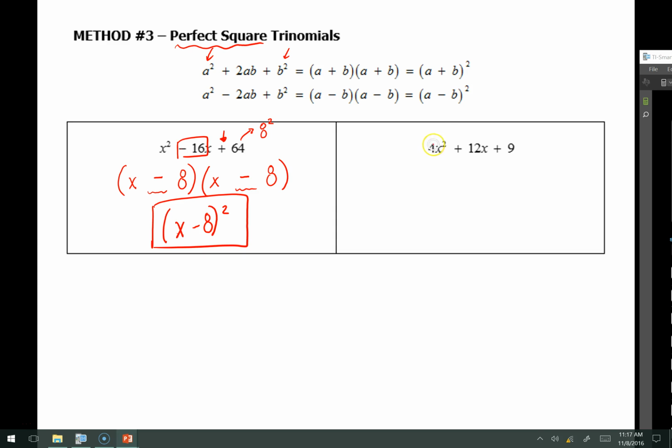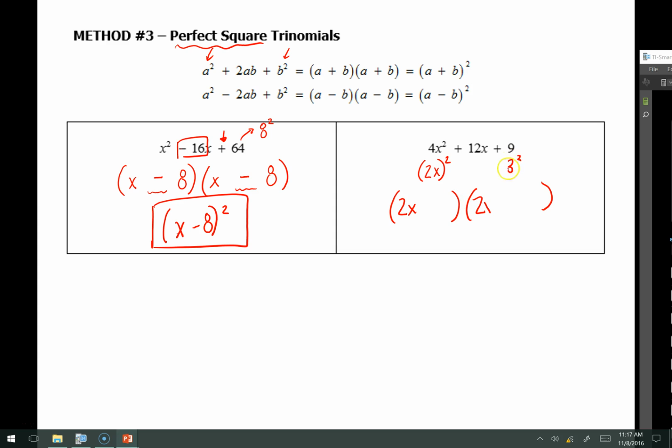When you look at this first term, 4x squared, I see 2 squared and x squared, so that quantity 2x squared. That's a perfect square. I can take the square root of it, and that base 2x is what's left. The 9 is 3 squared. So because both of those are perfect squares, we can use this method where the first term in both of the factors is going to be whatever the first base is, 2x.